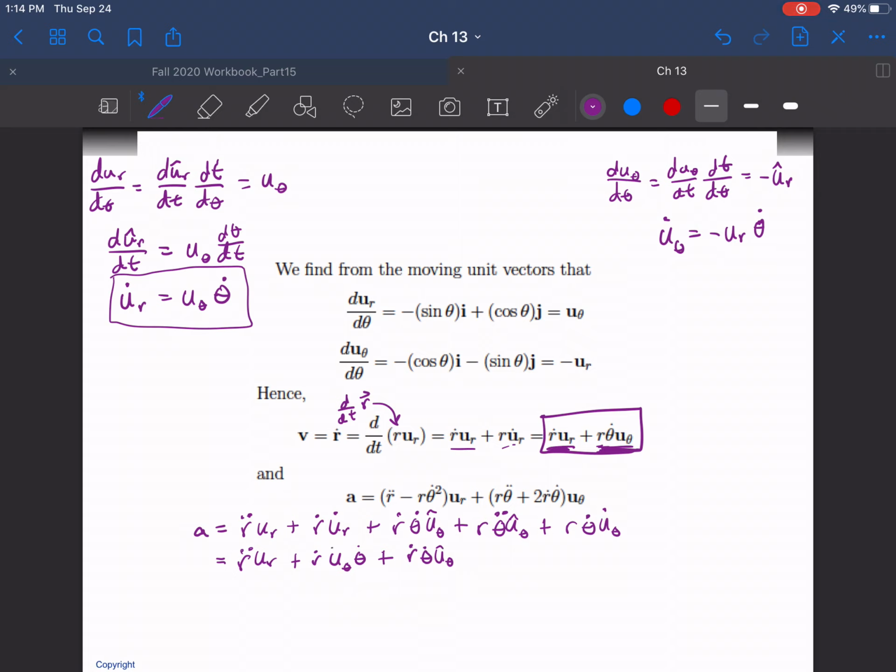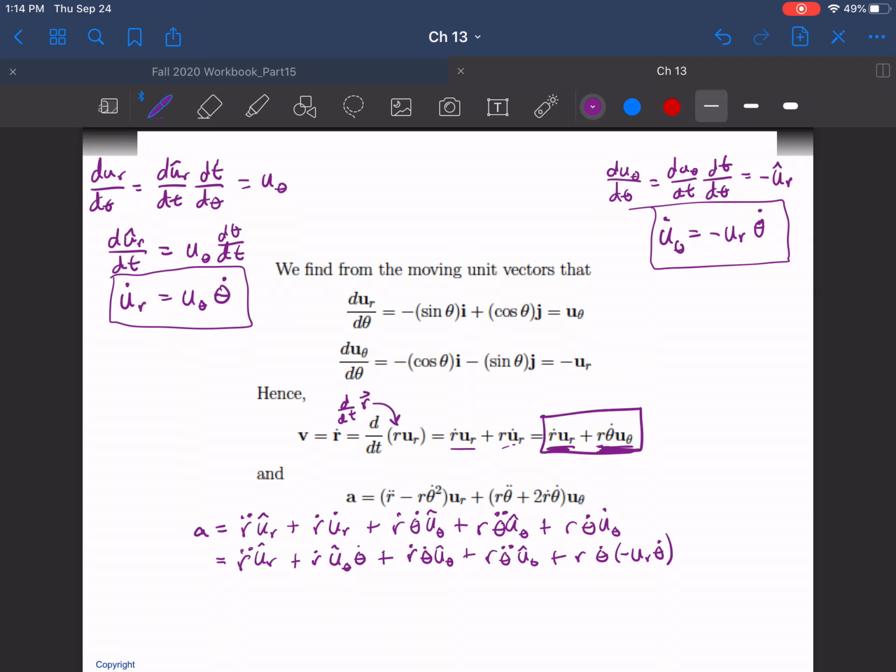Okay, put my little unit vector hats on there, sorry. Plus r theta double dot u theta with a hat. And then here we have u theta dot, which is this one right up here. We can say this is plus r theta dot, and then times negative ur theta dot.